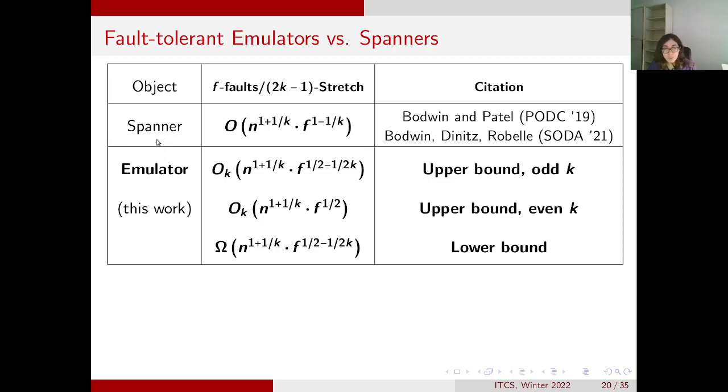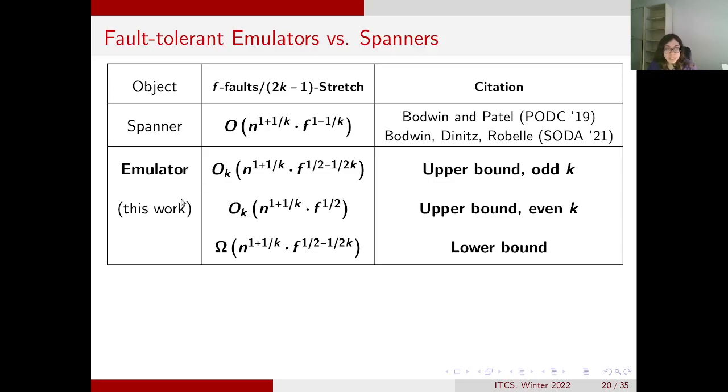What we know for fault tolerant spanners by now is that we can get an optimal size fault tolerant spanner of size roughly n to the 1 plus 1 over k times f to the 1 minus 1 over k, where f is the size of the possible fault sets.